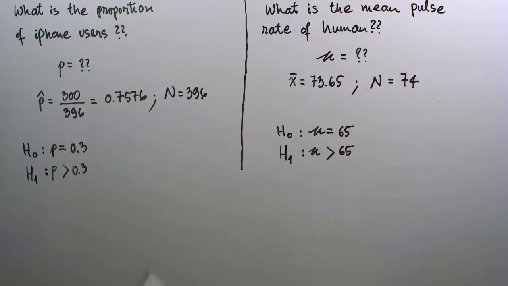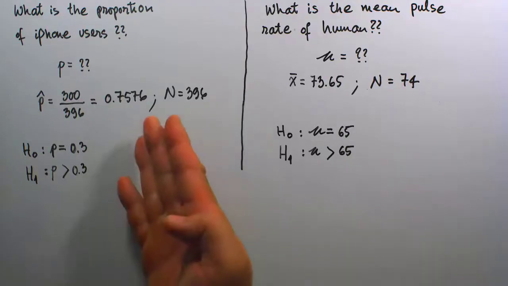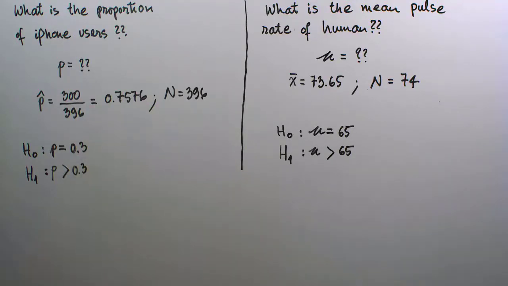But now, back to the wording of the problem, it's about time for me to explain why it said, for example, in my sample about cell phone users here, is the sample showing strong evidence? Evidence is evidence. Why is it strong evidence?